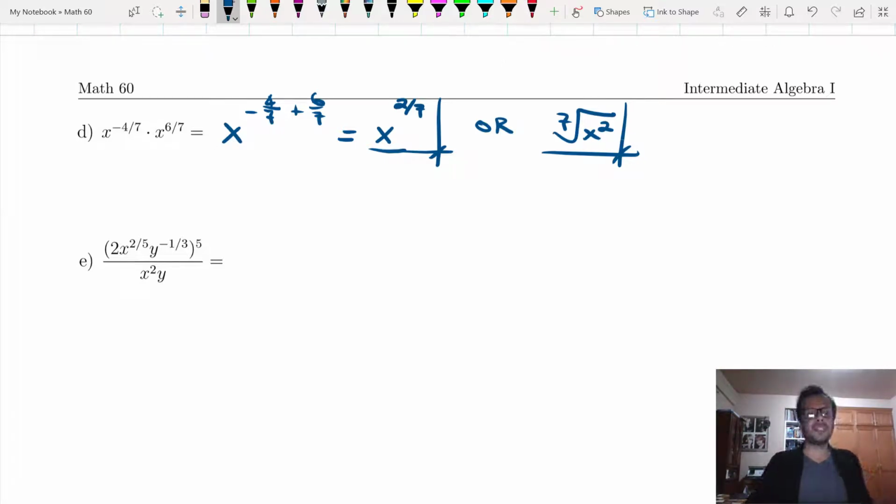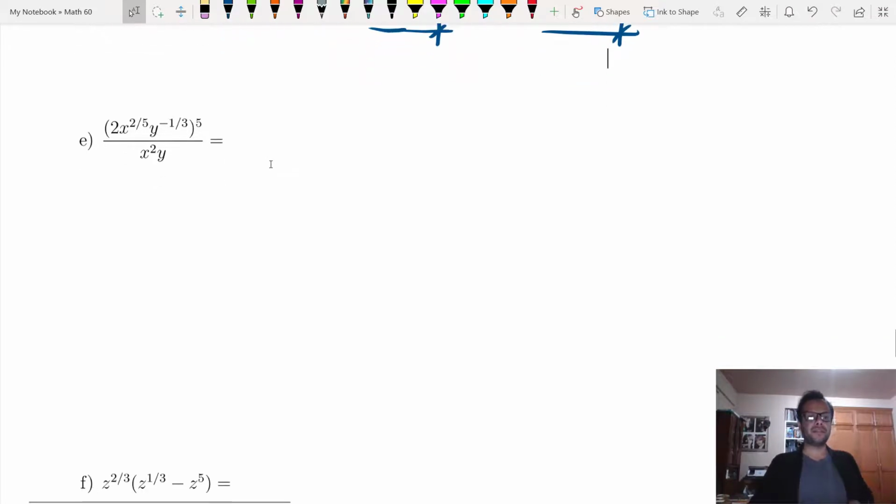All right, let's have a look at letter E. Yes, things are starting to get interesting here. This one looks huge, looks big. We are going to apply a few properties at a time.